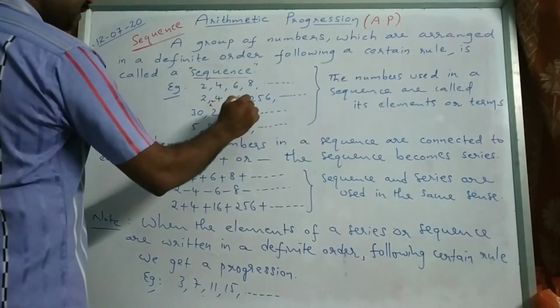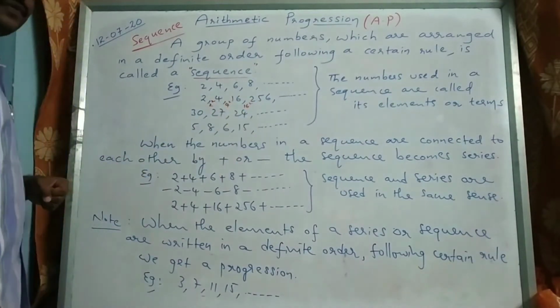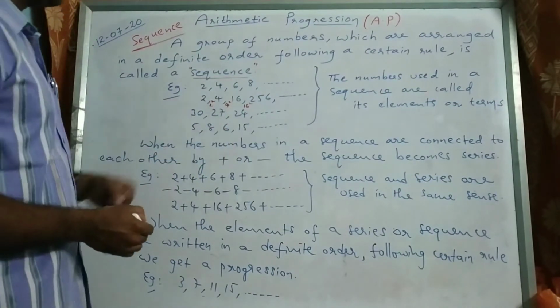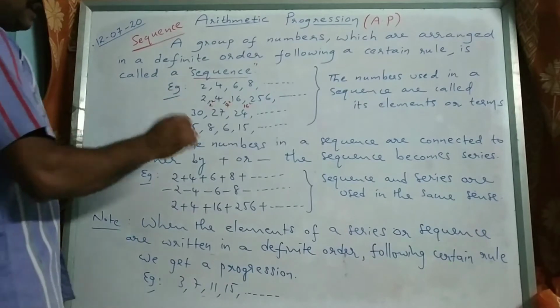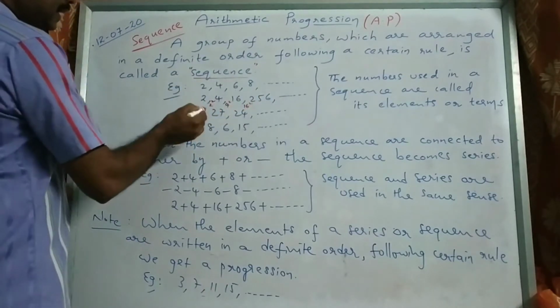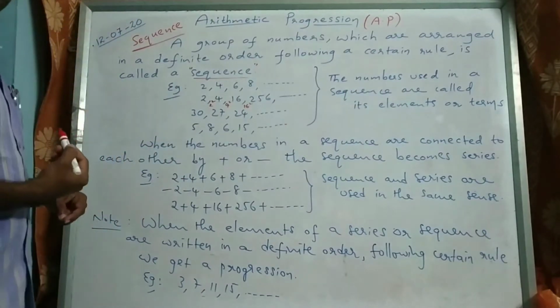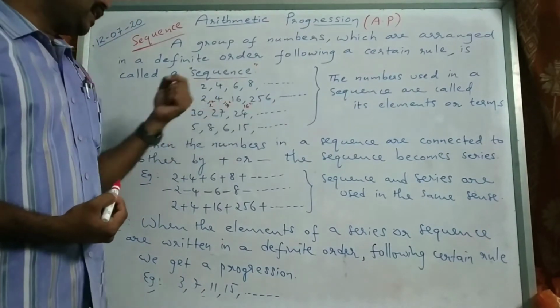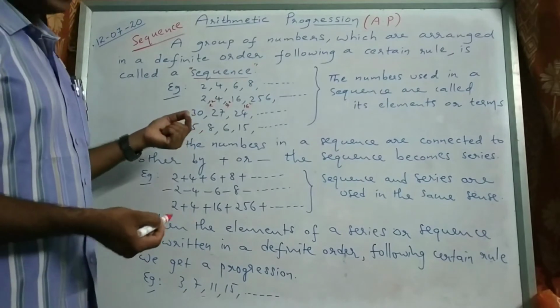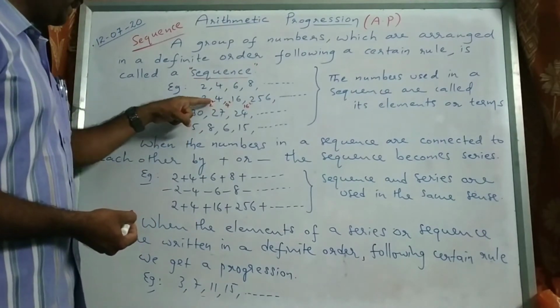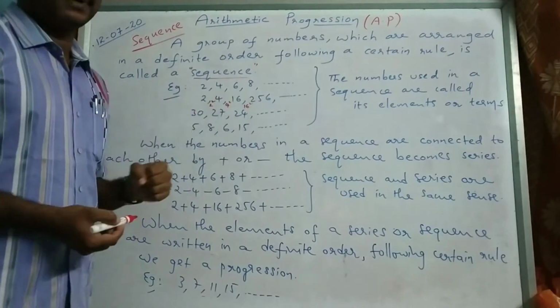Next, 16 square is 256. So this is one rule. This sequence is formed by taking the square of the previous number. How did you get this sequence? By taking the square of the previous number.